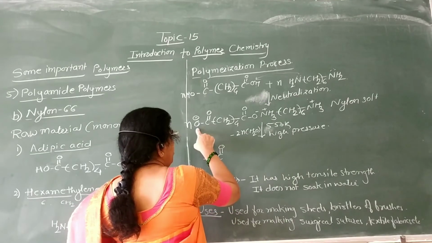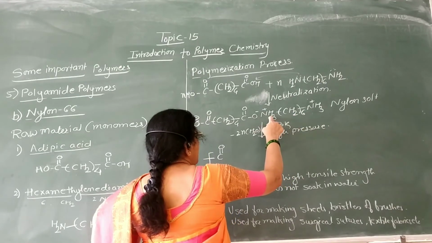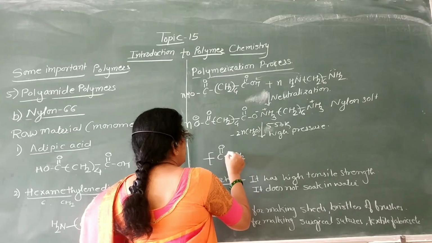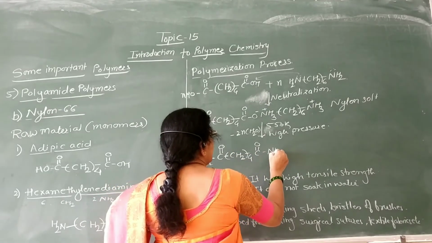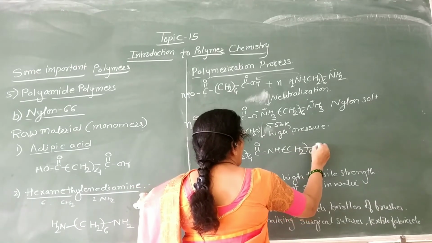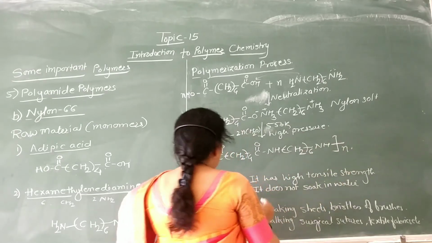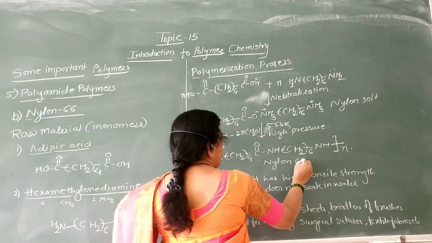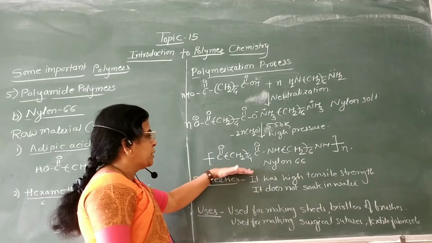So we get CO, CH2 4 times, CO, NH, CH2 6 times, NH, n times. This is nylon 6,6 polymer. Formation of nylon 6,6 polymer takes place.